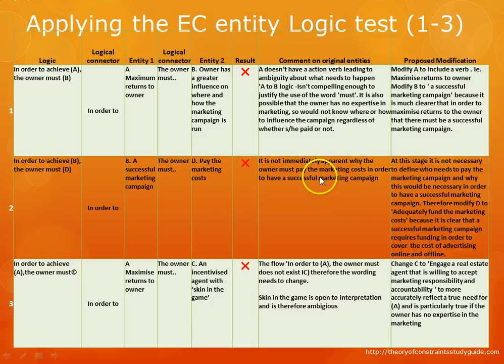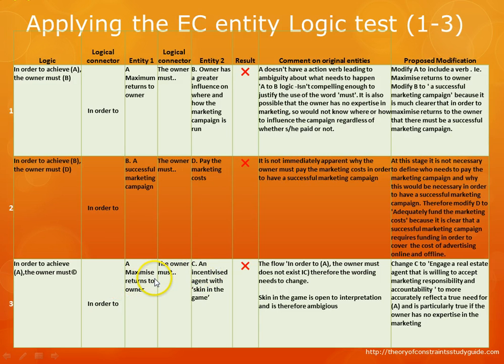So at this stage I'm saying the owner needs to ensure that there's funding so that the marketing campaign can be triggered and allowed to proceed, but that doesn't necessarily extend into suggesting that he or she will pay for it in its final form. That's yet to be determined, and I want to leave that issue open until I've completed the tests on the other entities. So moving on to test 3, which is between the entities A and C.